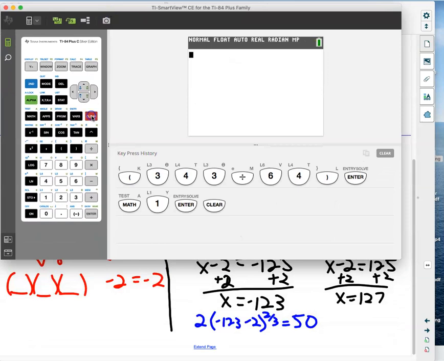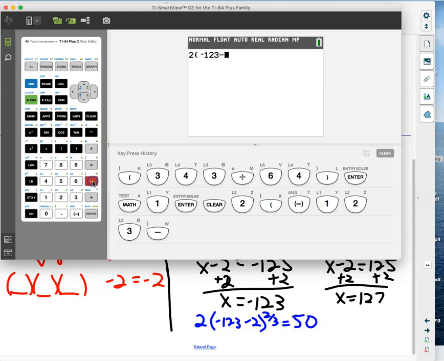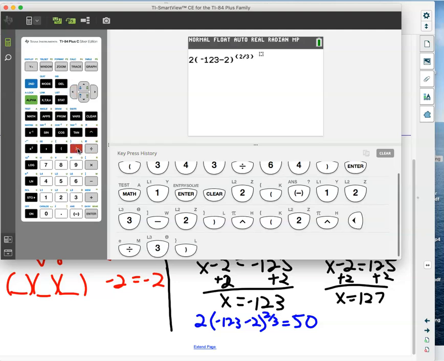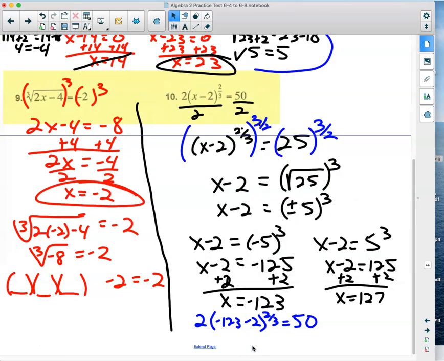Just to show you that, yeah, you could use your calculator to check these also. 2 parentheses, -123 minus 2 parentheses, to the parentheses 2/3 power. Delete that little bugger out of there. Enter. We got 50. Well, that's what we were supposed to get. 50 on one side. This one's good.